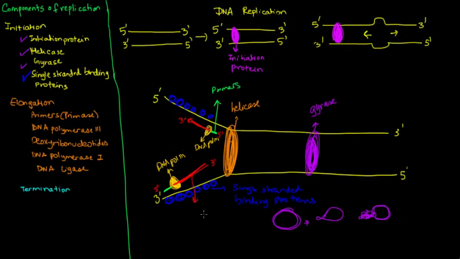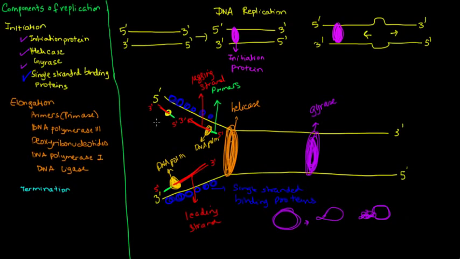This strand is called leading strand, and that strand is called lagging strand. So this is one fragment. This right here is another. My primer, my DNA polymerase, and then my nucleotides going 5' to 3'.